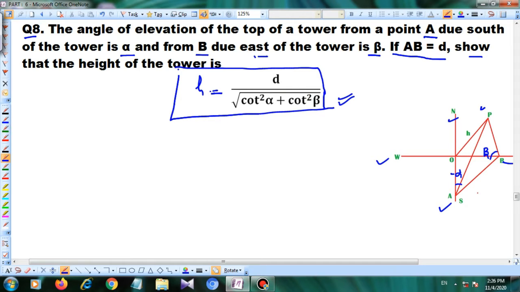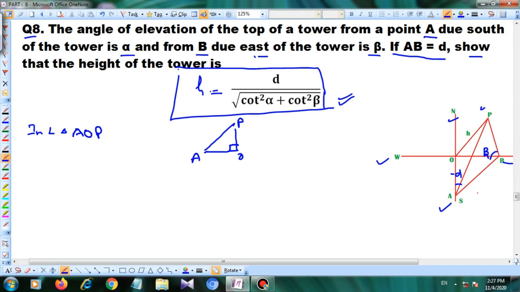So now in right angle triangle AOP, clear?